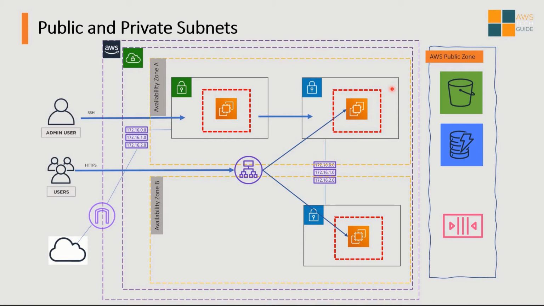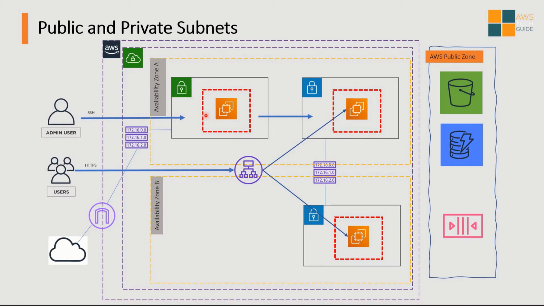Our main aim is to create one public subnet and two private subnets, and from a private subnet connect to an S3 bucket. Since the private subnet doesn't have access to an internet gateway, we will be setting up a gateway endpoint.